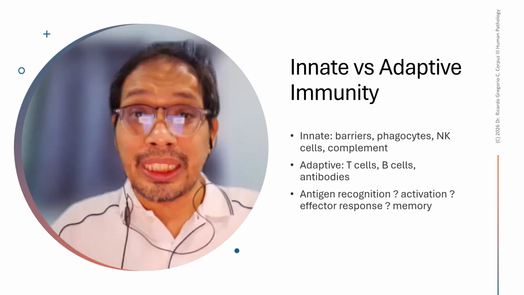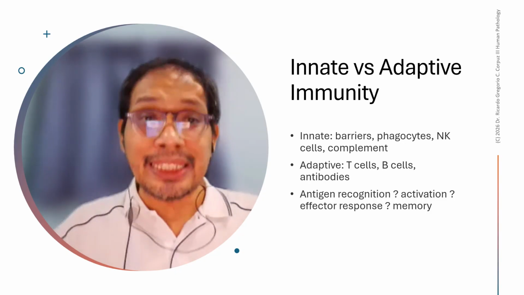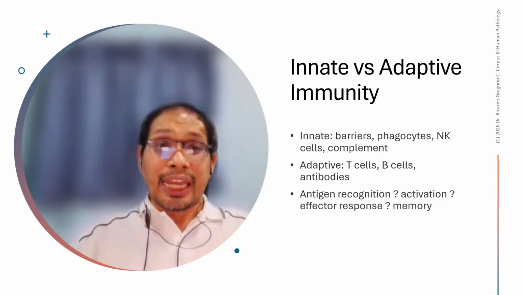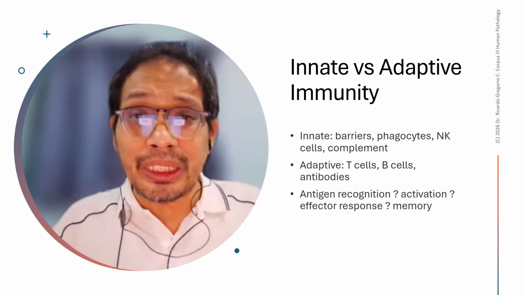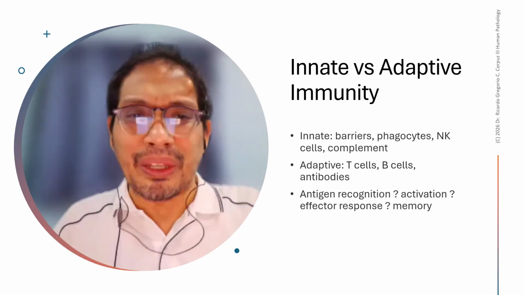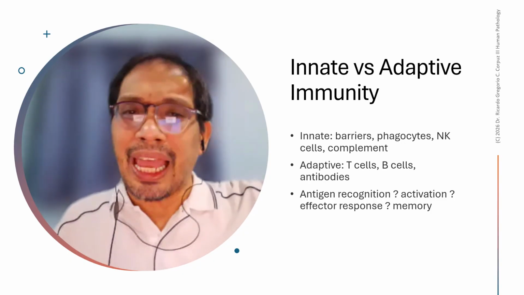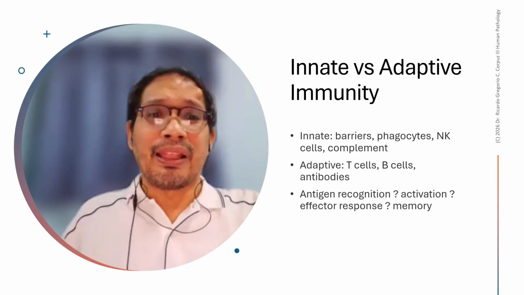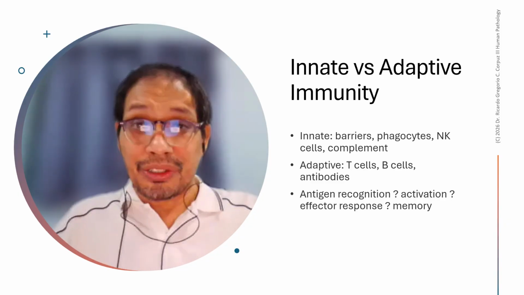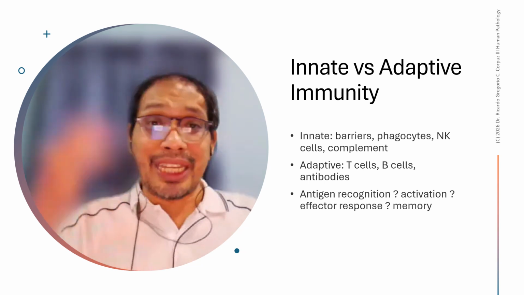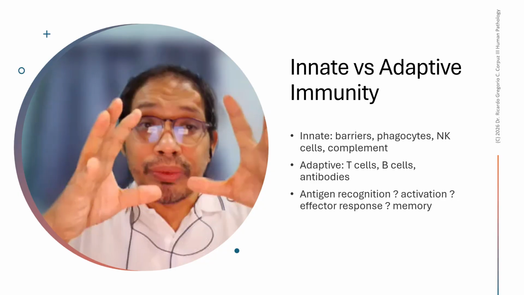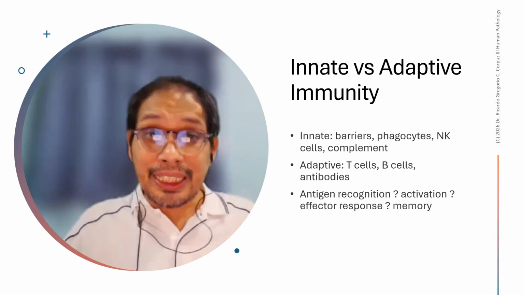Innate immunity includes the barriers, phagocytes, natural killer cells, or NK cells, and complement. Innate immunity is the first line of defense. The barriers are the skin, mucosa, acidic pH, and antimicrobial peptides. Phagocytes, the neutrophils and macrophages, rapidly ingest and kill microbes. NK cells target virus-infected and tumor cells without prior sensitization.